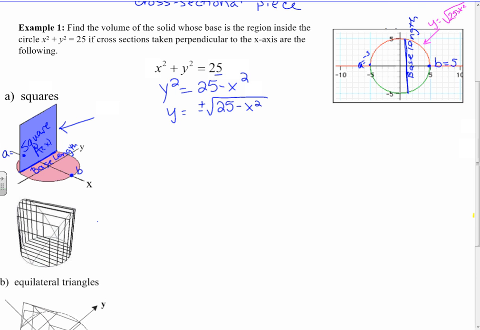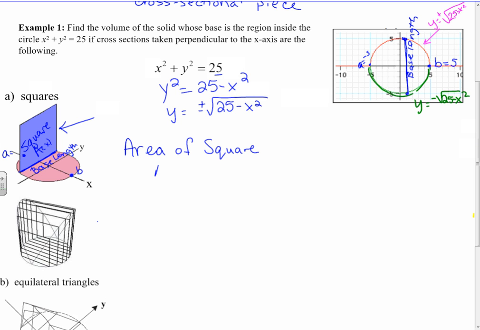Above the x-axis, I've got positive y, so I want the positive square root there. Below the x-axis, we're talking about the negative y values. So in this case, y is equal to negative square root of 25 minus x squared. So now I can calculate the full distance across my base, and it would be the top function minus the bottom function. So I'm going to go in here and work on the area of a square.